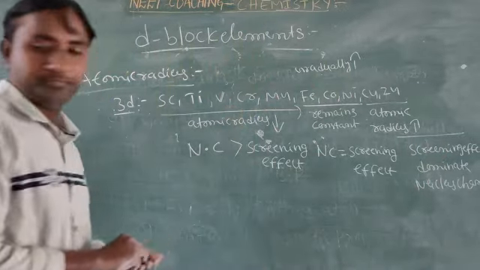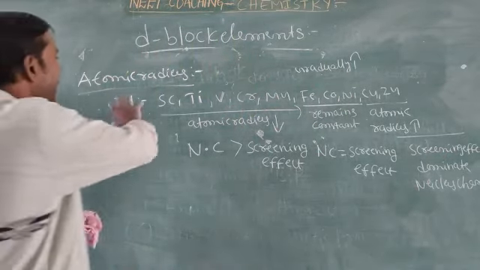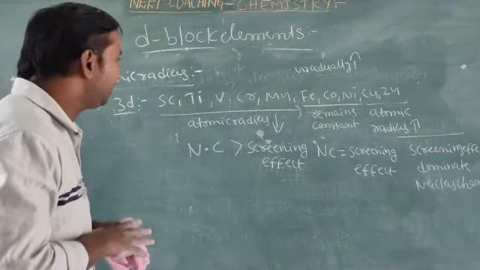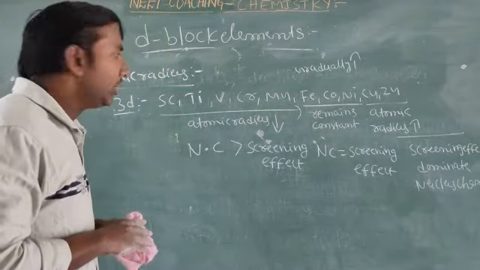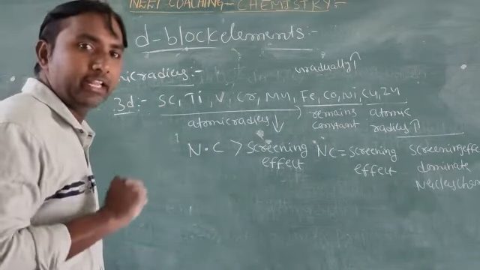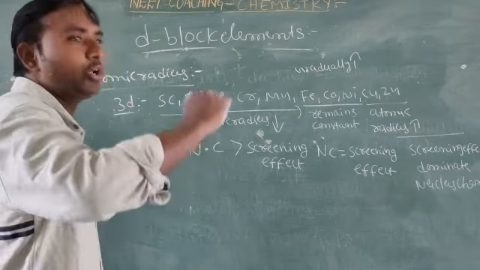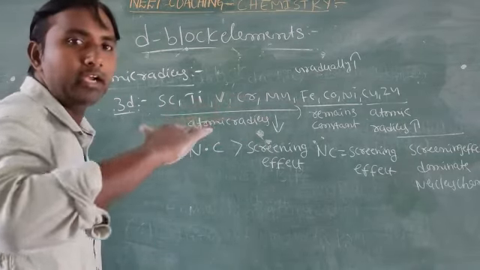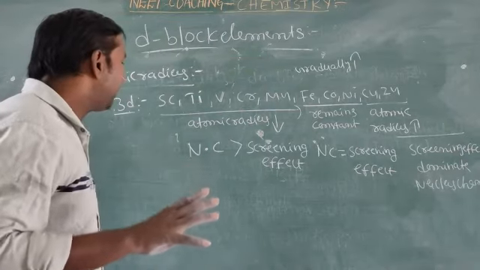This is how the atomic radius varies in the 3d series. Same in the 4d series and 5d series also. From the start to half of the period it decreases. Then from half of the period to the end, it first increases gradually, and at the end of the period it increases more. What is the reason?